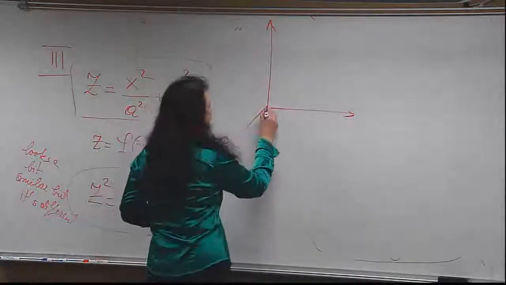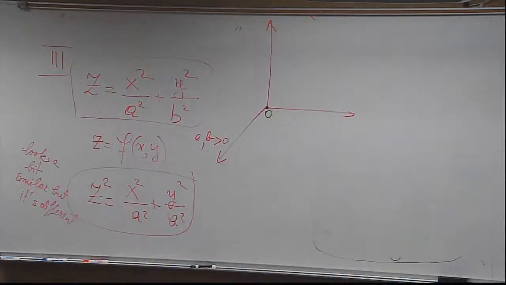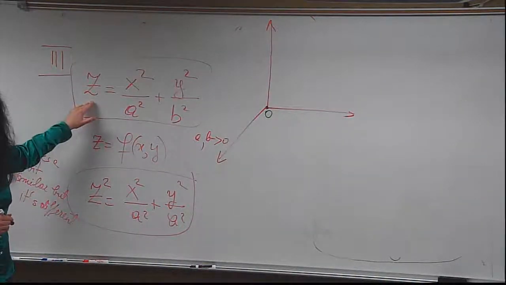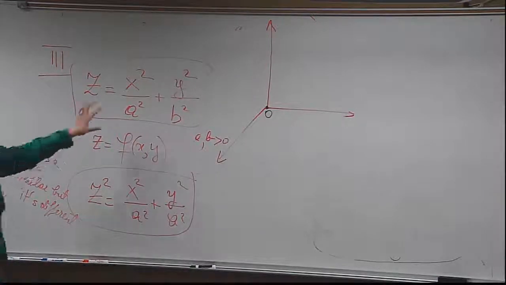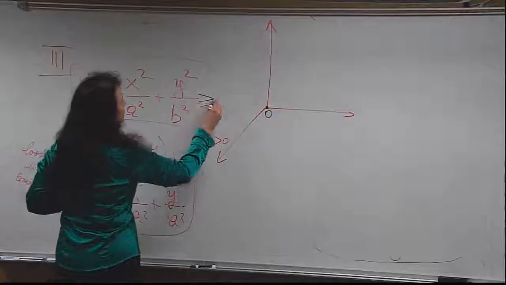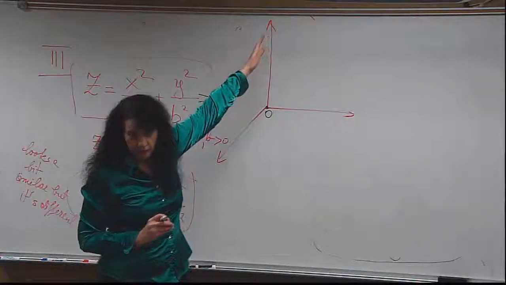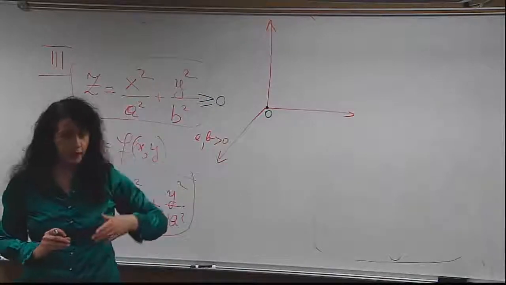So you have the origin, and that's it. Now, do I say that z equals positive? No, but it's implied. Why? Because this whole quantity must be either 0 or positive. It's greater than or equal to 0. So I'm only looking at the upper part. Above the floor. Everything is above the floor.